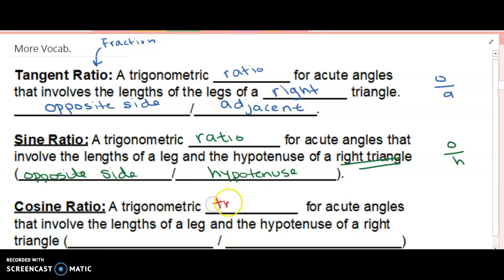It's the third of my trigonometric ratios. For acute angles, and once again, we're only talking about right triangles, and my cosine ratio is always my adjacent side over my hypotenuse. Okay, so it'd be my adjacent over hypotenuse.